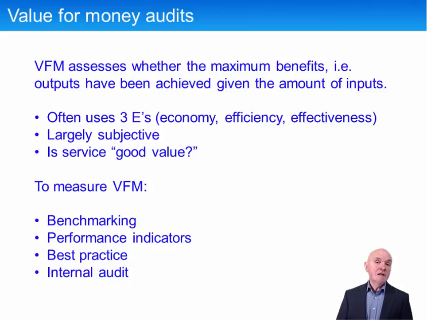And finally, internal audit. Internal audit can be used within organisations, not-for-profit organisations as well, to try and keep tabs on their performance. Internal audit has often the time and the expertise to go round and try to measure, this is what is being spent and this is what you're getting for that. Is that good value for money?